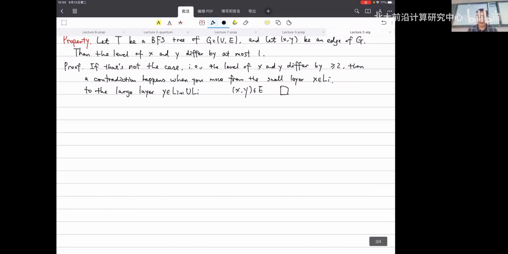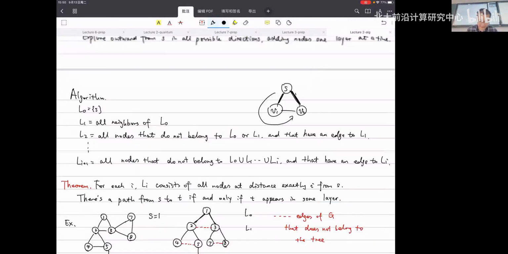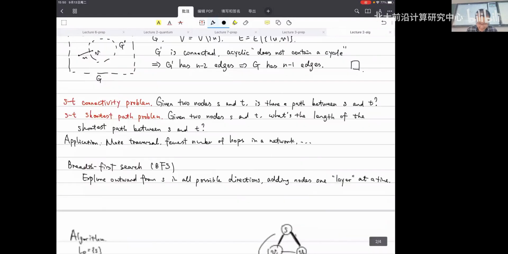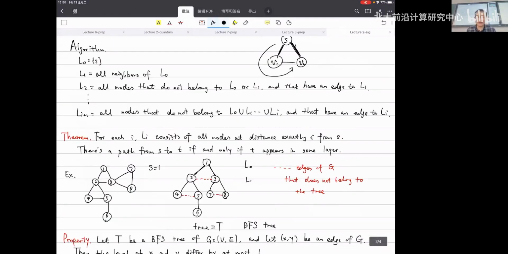If you consider such a layer construction, the layer has a relatively complicated structure, and maybe you want to think about a more intricate data structure to give good maintenance of the layers.